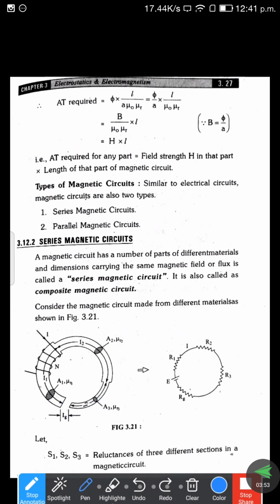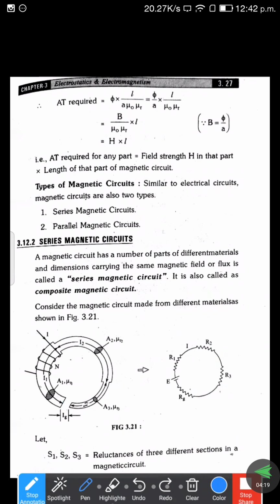So totally there are four materials available. Each material offers a different resistance value. The first material offers resistance R1, the second material offers resistance R2, the third material offers resistance R3, and the air gap also has a resistance, which we assume as RG.